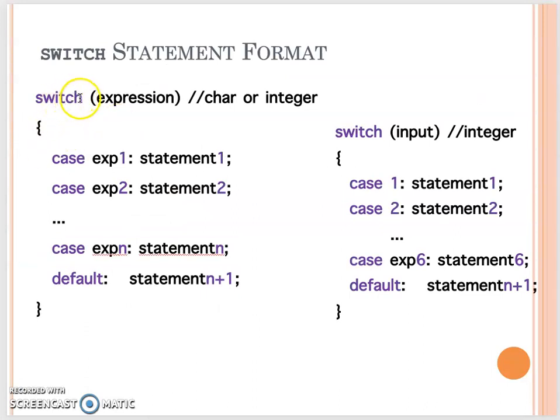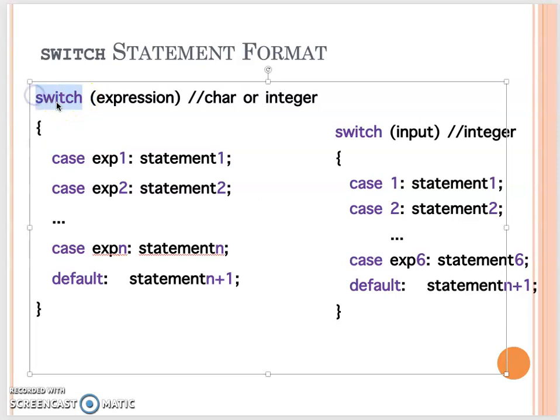The first thing you have is the switch keyword. Afterward you have the parentheses, that's for the expression. But this expression actually is not really a logical expression. Usually this expression is just a value, either a character or an integer. Then in the switch statement, you have a block.